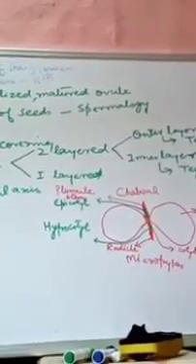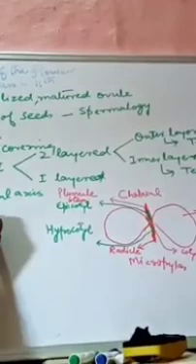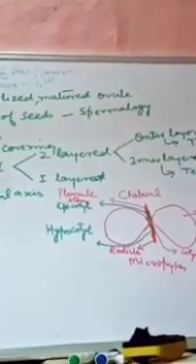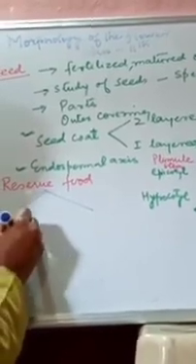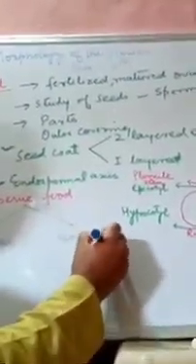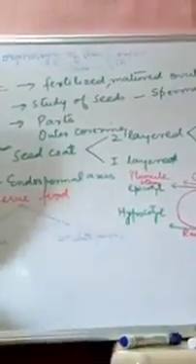Now there is the third part. What is that called? That is called the reserve food. This reserve food may be cotyledons or it may be endosperm. Regarding cotyledons, the number of cotyledons may be one, and when there is one, that is called monocot.